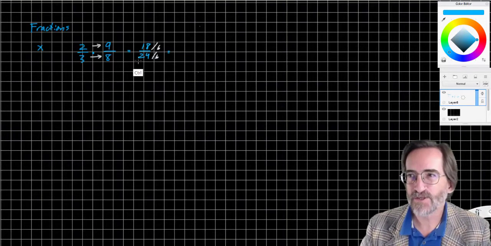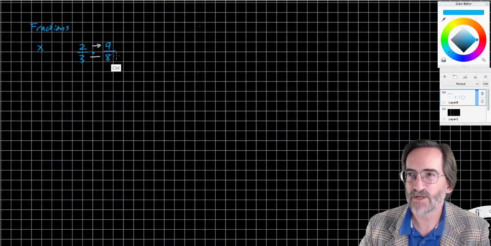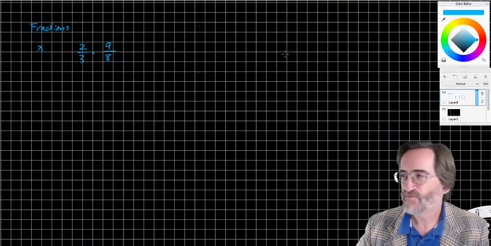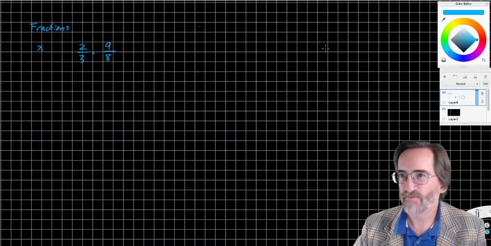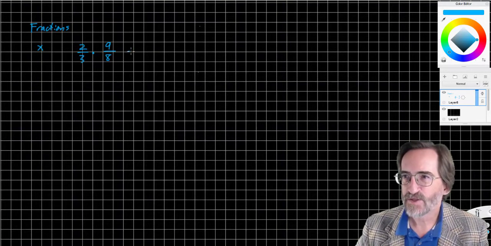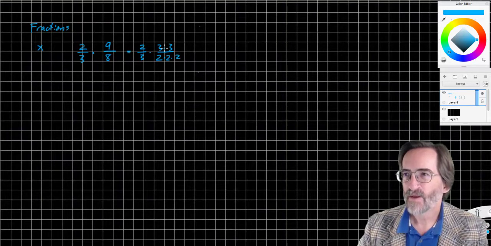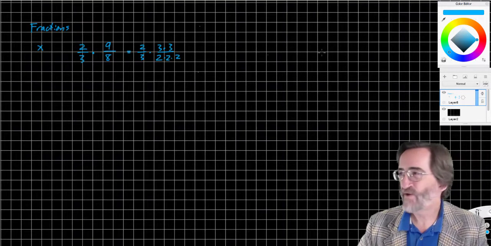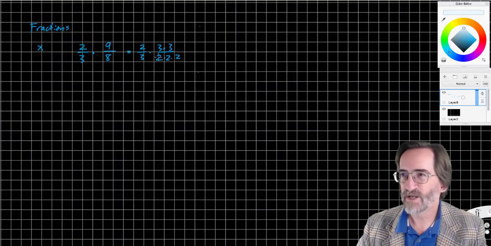Another way, and this is the way I'm going to focus on because it's the way we're going to approach the rational expressions, is we can factor the numbers on top and bottom. So 2 and 3 don't factor, but 9 factors. 9 is 3 times 3. And 8 is 2 times 4, which is 2 times 2. Okay? And what I'm going to do, this is called factoring and reducing by cross-canceling.